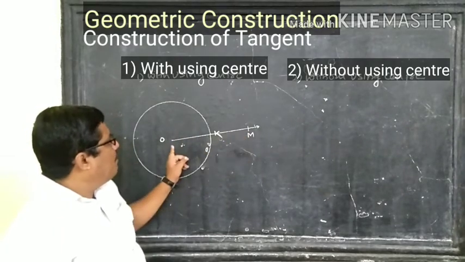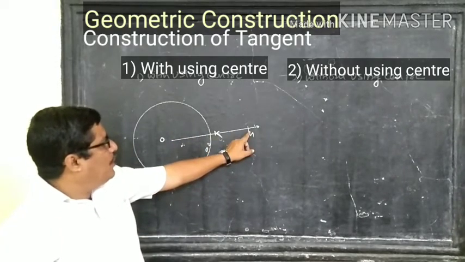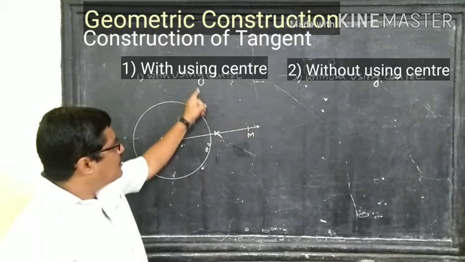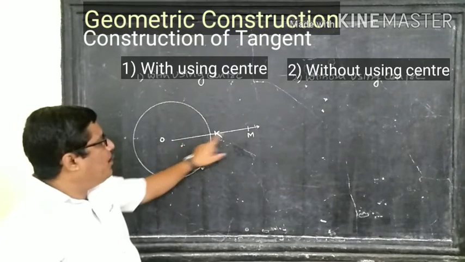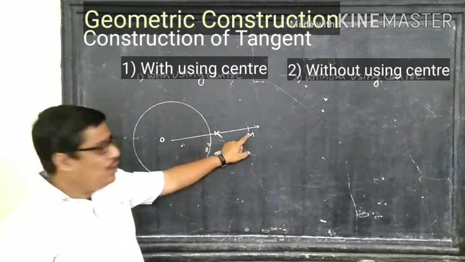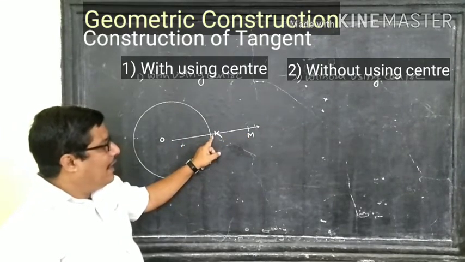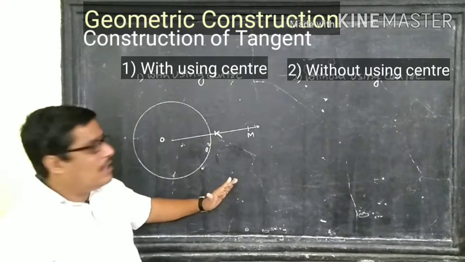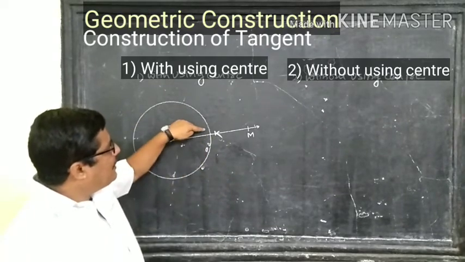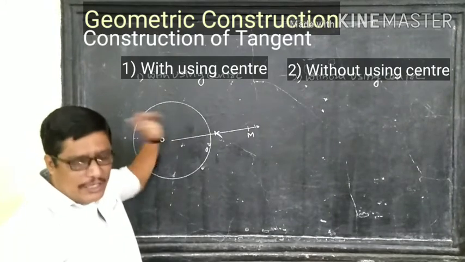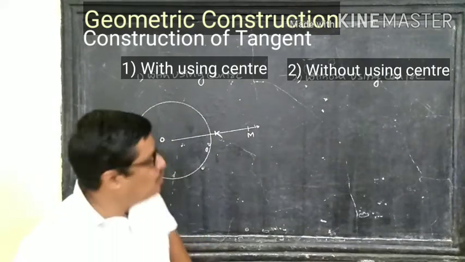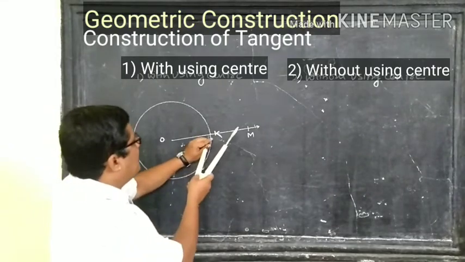We have to draw the perpendicular bisector of OM, that will pass through point K, because point K is the midpoint of OM. That means that will form a right angle at the point of contact.